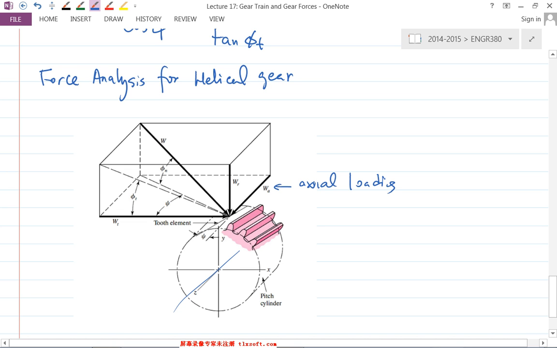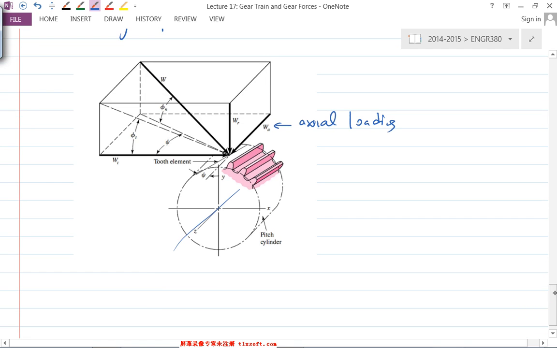But that does add a certain level of challenge in terms of shaft design, because not only do you have these two now, you have this one too. So what are the angles now? Between the W and the horizontal plane, this is the pressure angle in the normal plane.